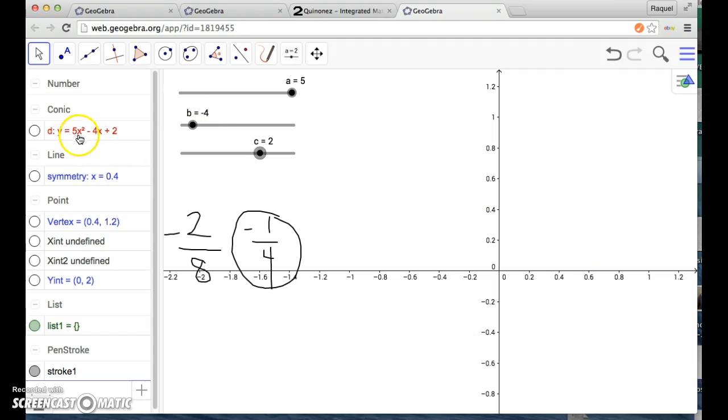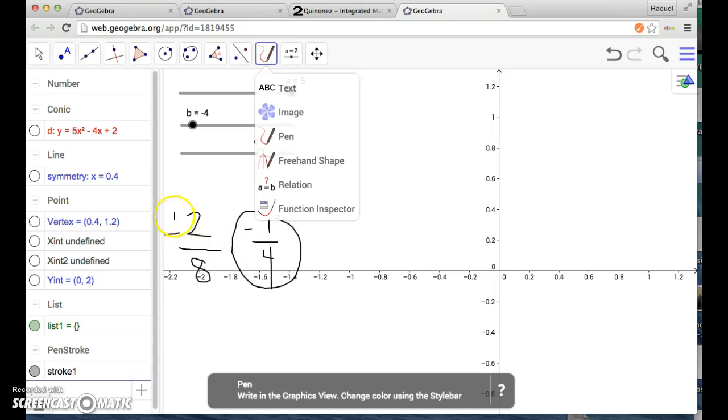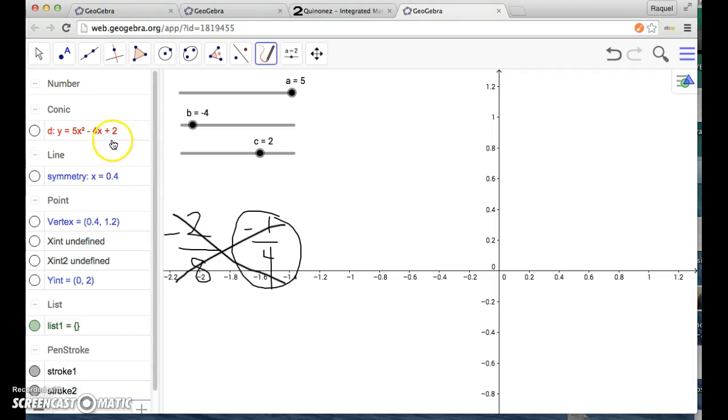So I can find the middle easily. Okay, let's scratch this off. The opposite of this makes it 4, and we divide that by double of that, which is 10. So the axis of symmetry will be 4/10. We'll cut that in half.